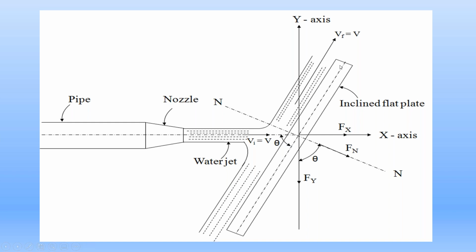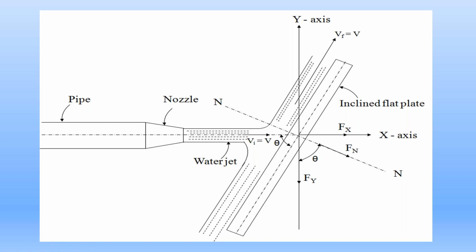Let the inclined metal plate, this inclined metal plate, with the direction of the water jet, that is with the horizontal, make the angle theta.